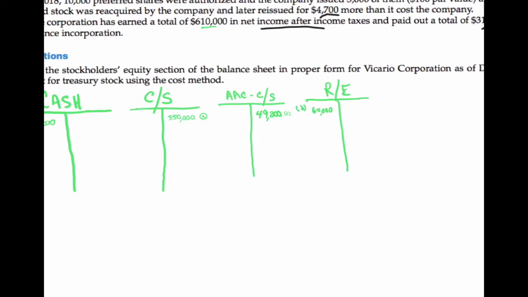And it's going to be a credit to common stock for 1,000 times 50, or 50,000, in B.